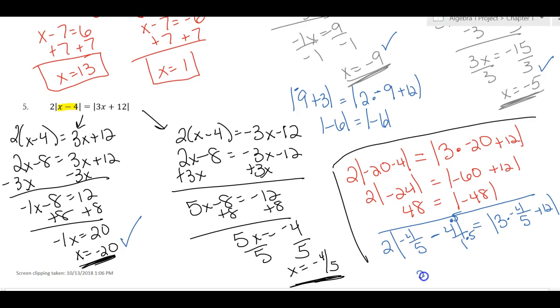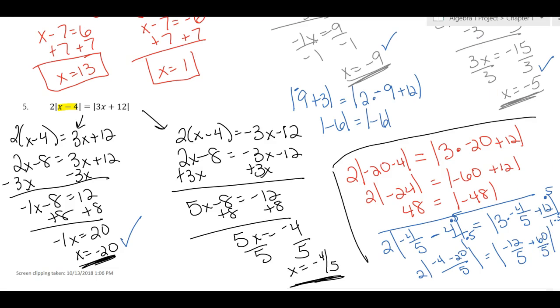Okay, so it's going to be 2 times negative 4 minus 20 all over 5. I'm going to do the same thing here. I'm going to times by 5. So top times top right here, that's going to give me negative 12 over 5 plus 60 over 5.